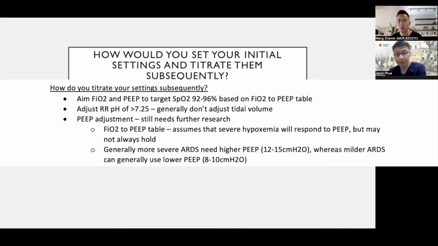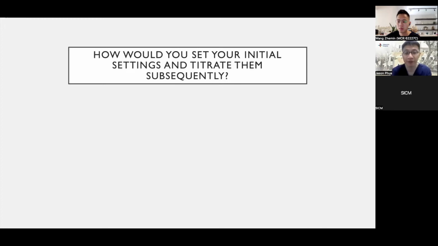Because of that, I do give a higher PEEP for moderate to severe. But when I say higher PEEP, I do not breach 15, and many people do not breach 15. So we are talking somewhere between 12 to 15. When we say lower PEEP for the milder ones, we are talking somewhere between 8 to 10. So those are the ranges that I follow.